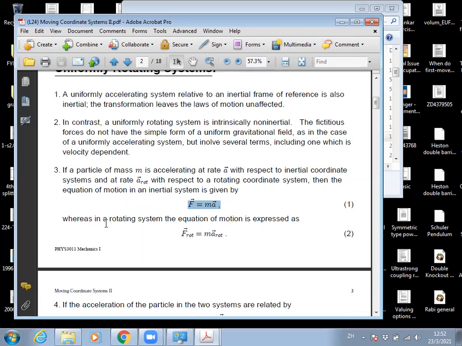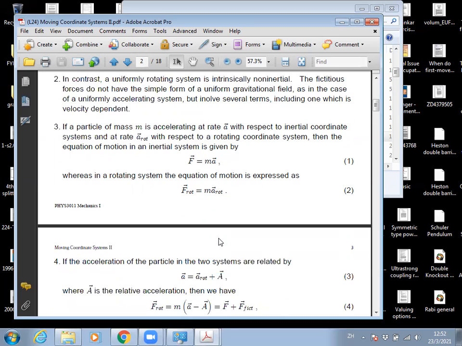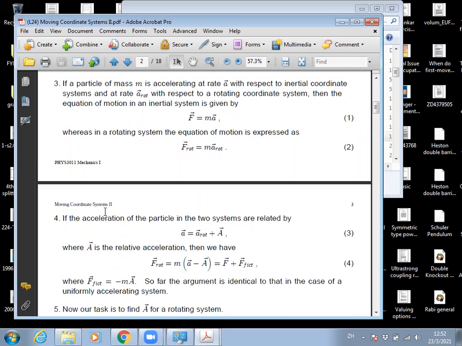Now, in a rotating system, a similar equation of motion can be found, which is given in equation 2, all right? But this time, we can see that the force is replaced by F rotation, and a is replaced by a rotation, okay? Even though the form is the same, all these components are different.